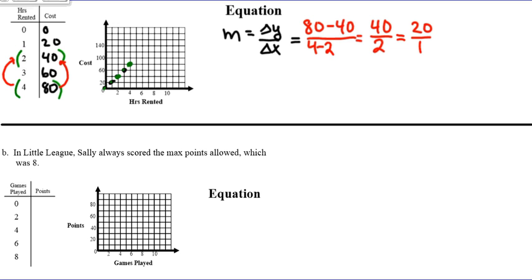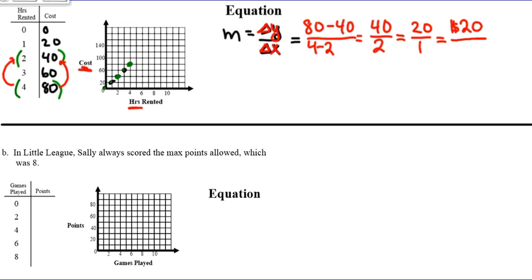Now here's what's interesting about slope of a graph in a word problem situation. What are the units for our y-axis? Well, when we look at the y-axis, we're talking about cost. So this is saying a cost of $20. And what is our x-axis for the second calculation? Well, it's hours.